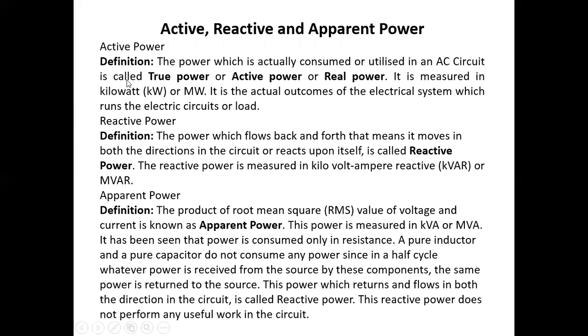Next, what are the different types of power? Active, reactive, and apparent power. Active power is the power actually consumed or utilized by the load. Apparent power is the product of the RMS value of voltage and the RMS value of current.